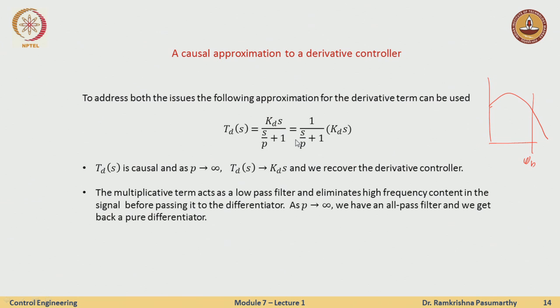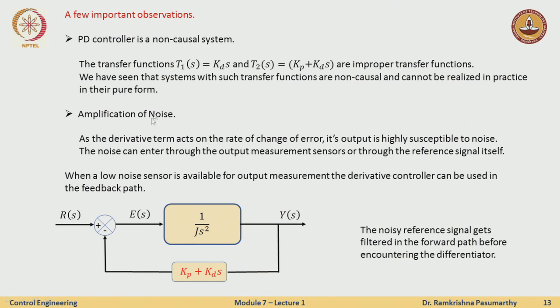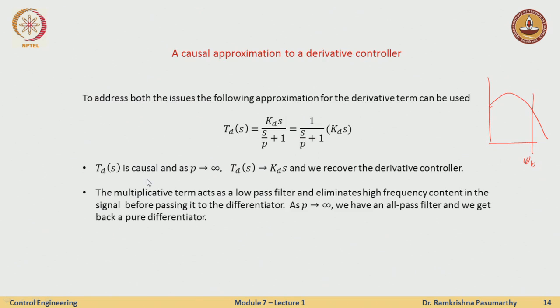If I add poles further to the left, then the effect becomes smaller and smaller, right. So, I can smartly choose the location of poles such that the effect is like a derivative controller, it is causal, and it also eliminates the issues related to amplification of noise, right.